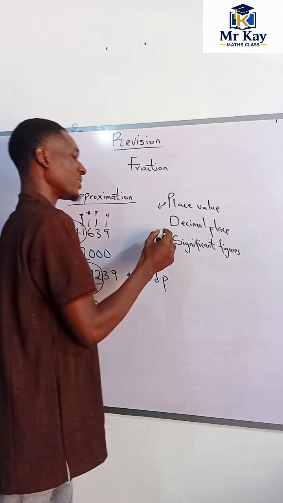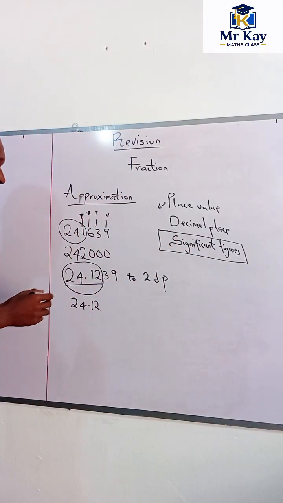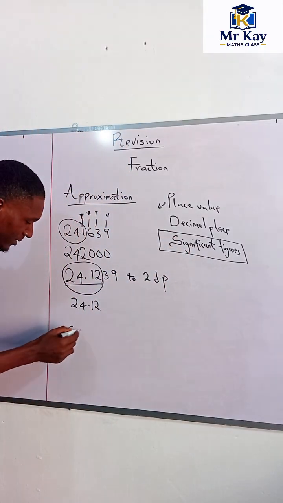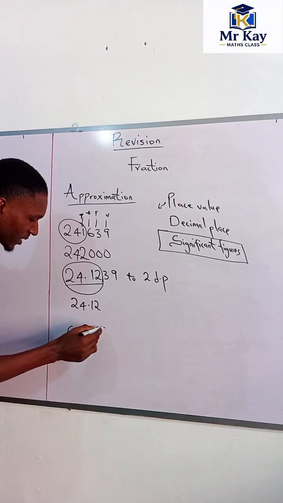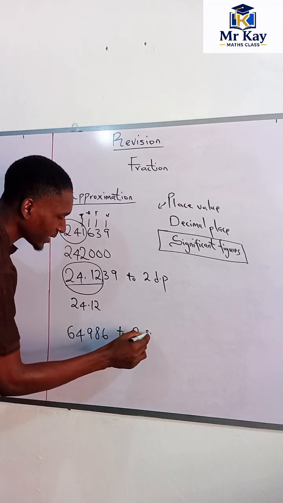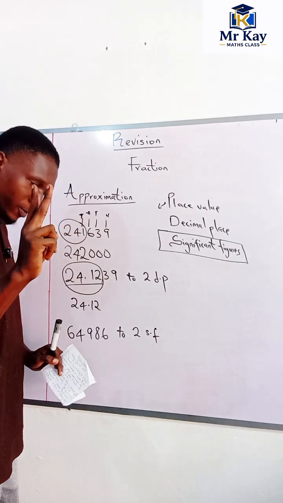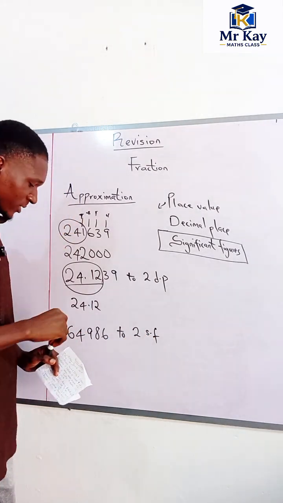And the last one is significant figures. How many real numbers? Let's say I give you a number like this, 64986, and I ask you to approximate to 2 significant figures, 2 SF. I mean you should leave only 2 real numbers and change the remaining numbers to 0.